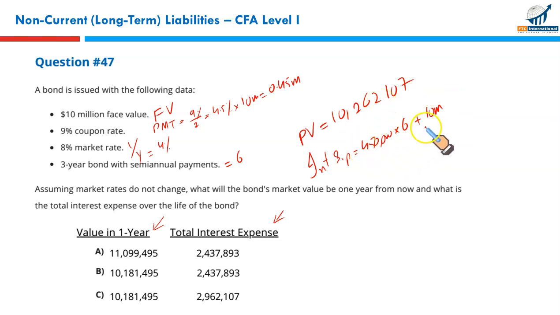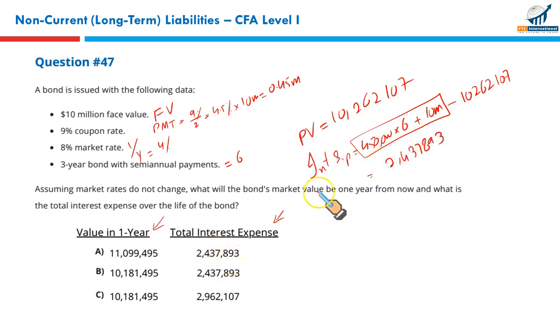This is the whole paid to the bondholders, interest plus the par, the face value of the bond, minus the present value, which we calculated to be 10,262,107. So the difference between the interest paid plus the par minus the present value of the bond, this will be interest expense. Calculating the difference, it will give you 2,437,893. So this would make either A or B the correct option.